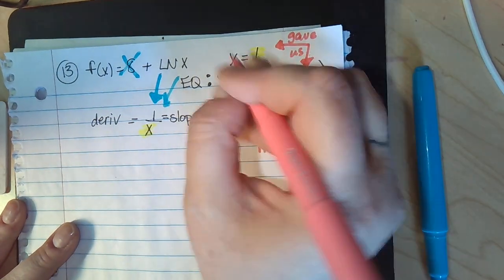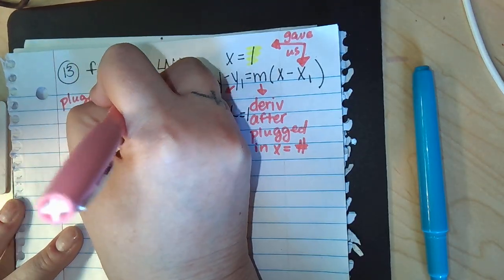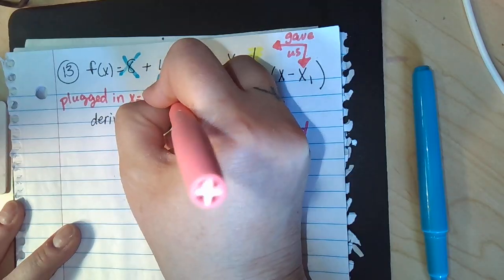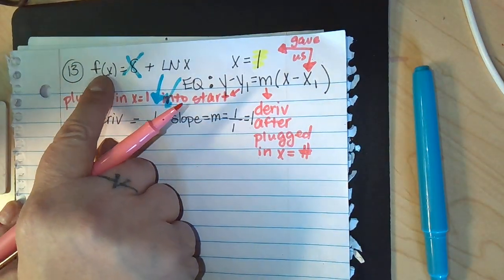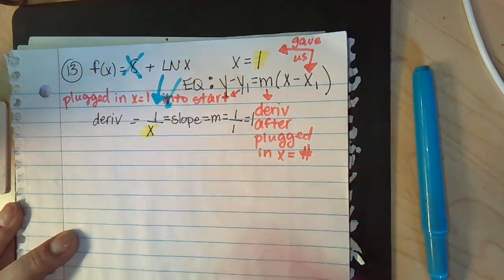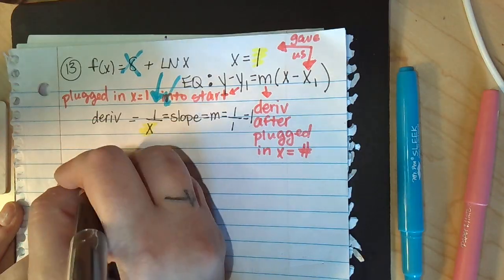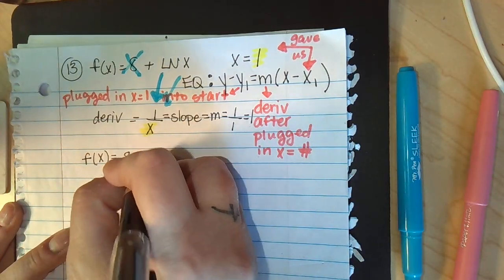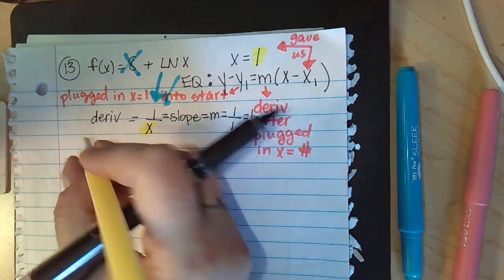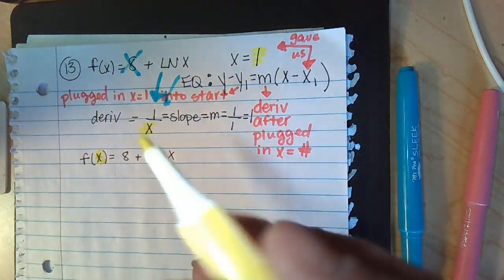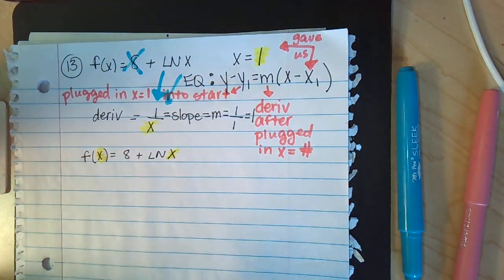This y1, we plug in x equals a number into what we started with, like this f parentheses x. So let's plug in this 1 into this f of x, not the derivative. I'm plugging in 1 because that's what they gave us, x equals 1. So if I plug in 1 to these x's, let's see what we get.